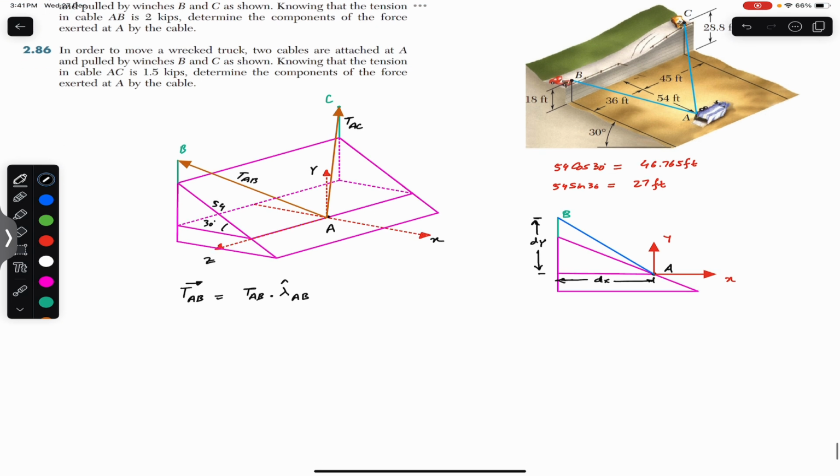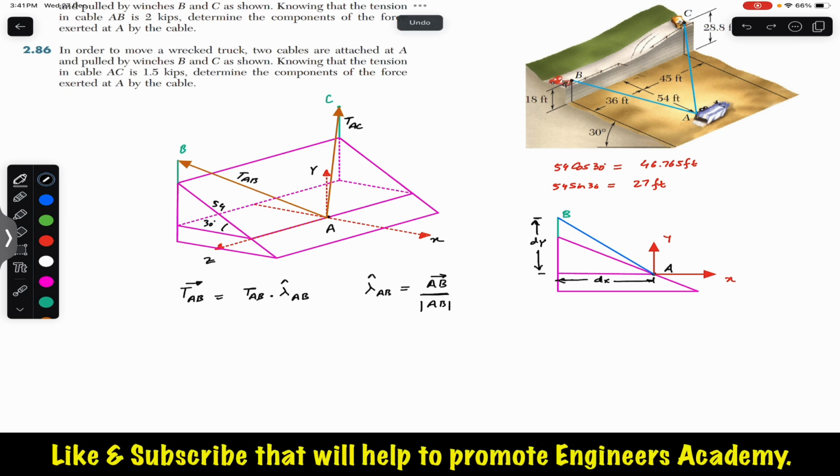And similarly, we know that the unit vector from A to B is the position vector from A to B divided by the magnitude of the position vector. Now we can write that the position vector is dx i plus dy j plus dz k.